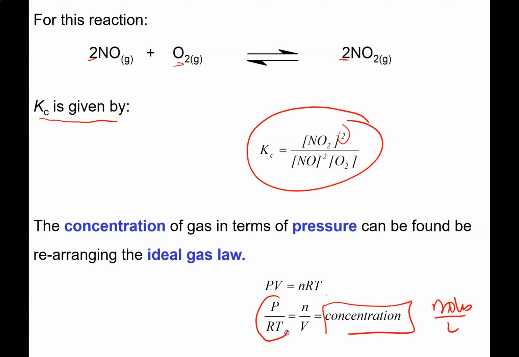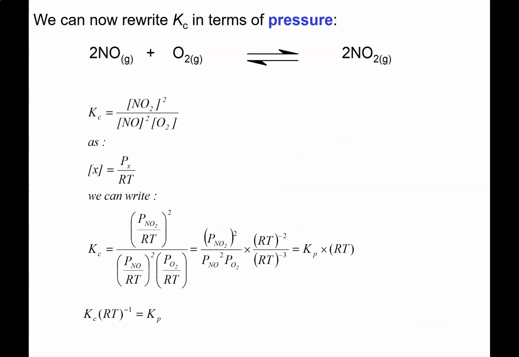So instead of writing concentration, we can write P on RT everywhere that concentration occurs.